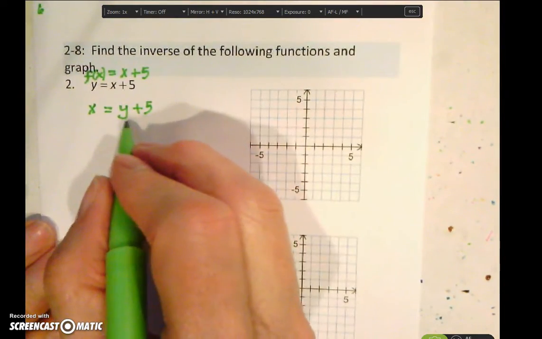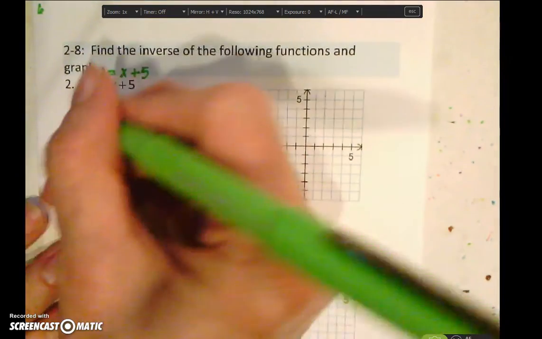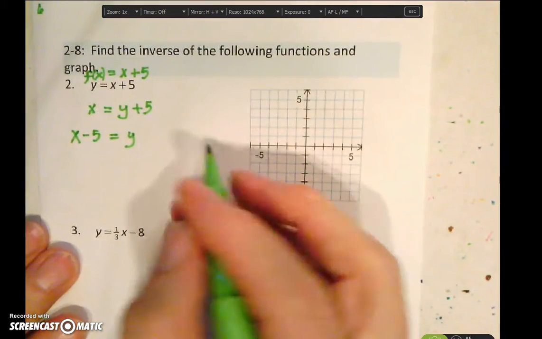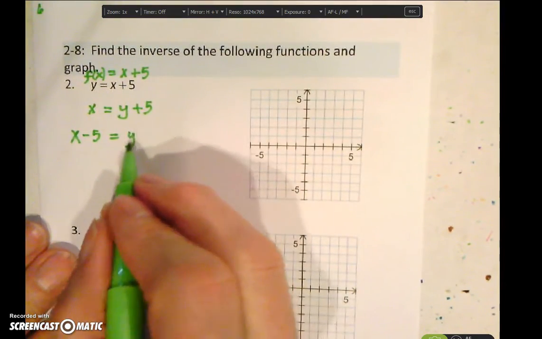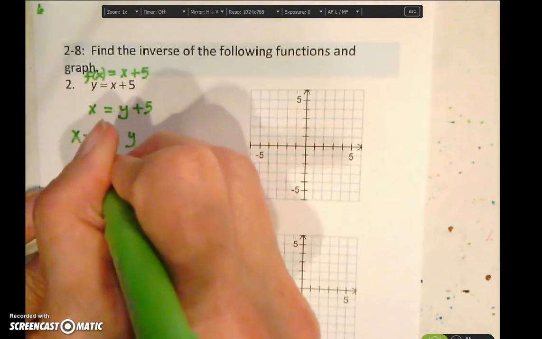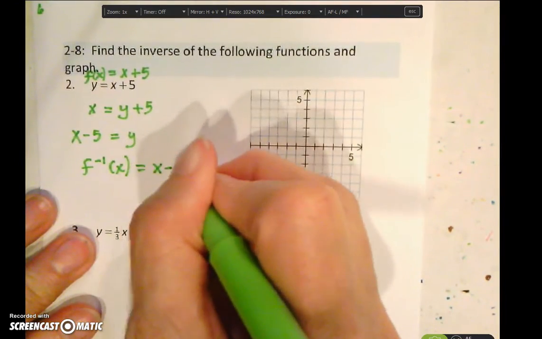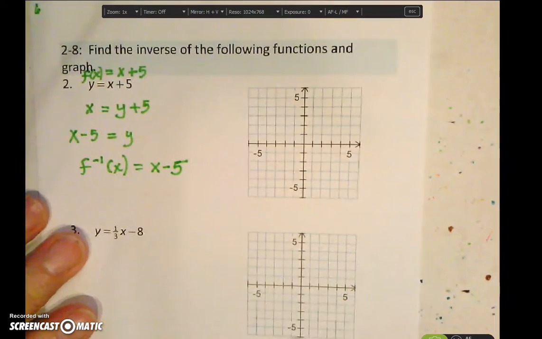Now I solve for y, so I subtract the 5 and get x minus 5 is equal to y. Then I replace my y with f inverse of x and say that it is equal to x minus 5.